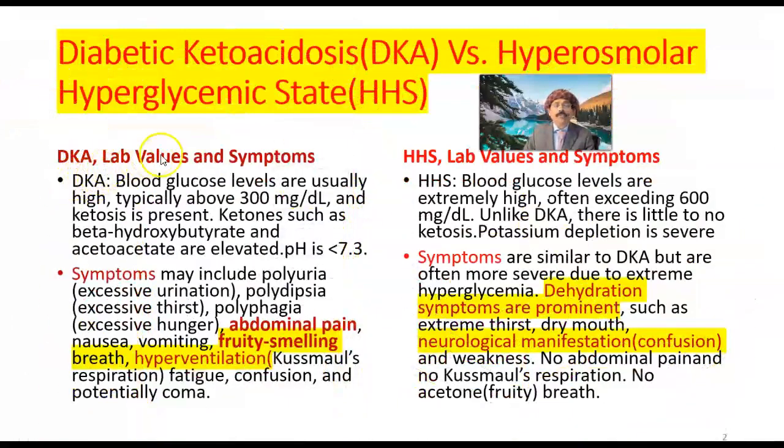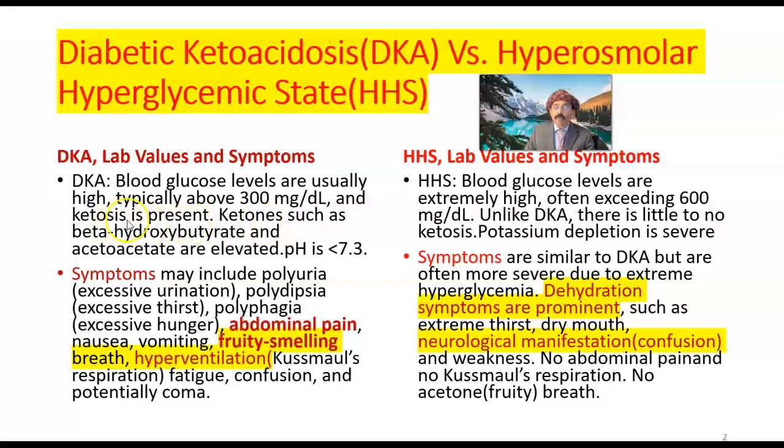Diabetic ketoacidosis, lab values and symptoms. In diabetic ketoacidosis, blood glucose levels are usually high, typically above 300 mg per deciliter, with a range around 250 to 500 mg per deciliter, and ketosis is present.